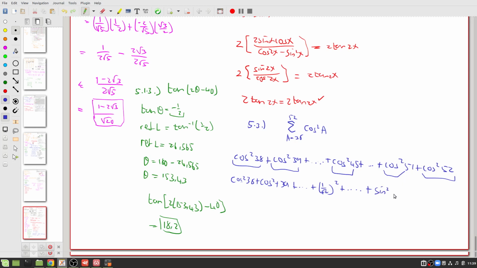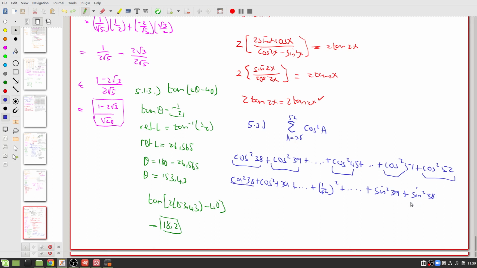What is 90 minus 51? That's 39. Plus, and then again sine squared. What is 90 minus 52? That's 38. Okay. Now that's quite nice because we see the symmetry here.